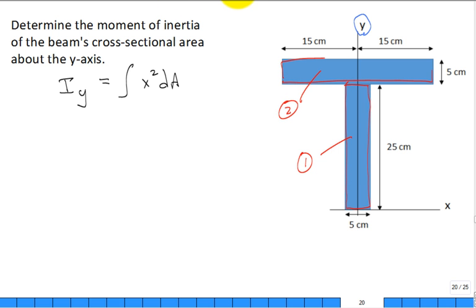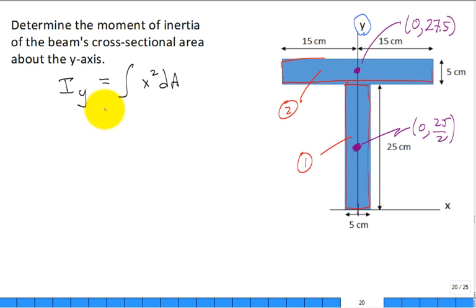Where is the centroid of area 1? Right here, meaning it's at a location of x equal to 0 and y equal to 25 divided by 2 centimeters. Yeah. What's the centroidal location of area 2? Well, isn't that at location x equal to 0? y is 25 plus 5 divided by 2. That'll be 27.5 centimeters.